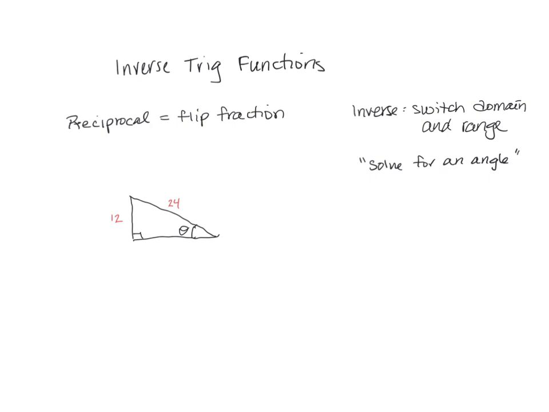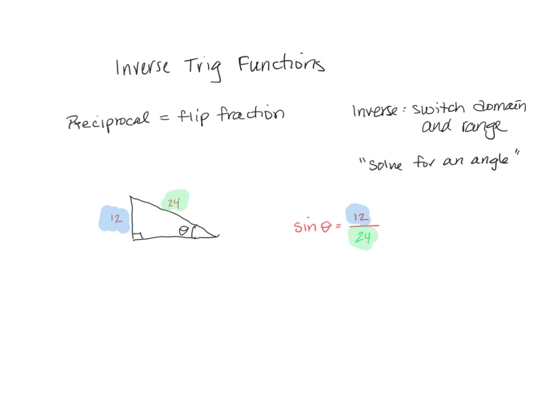So if I was to write out my equation the way that I understand it so far, I have opposite and I have hypotenuse. So it would be the sine of theta equals opposite, which is 12, over the hypotenuse, which is 24.